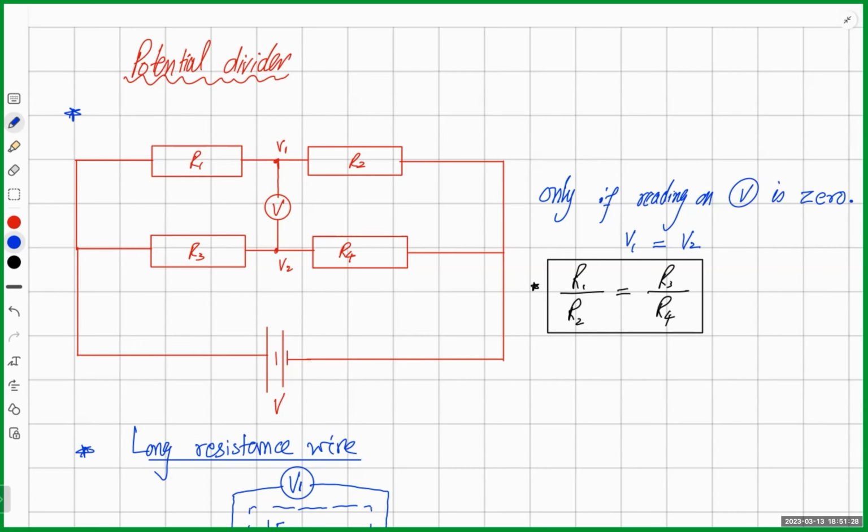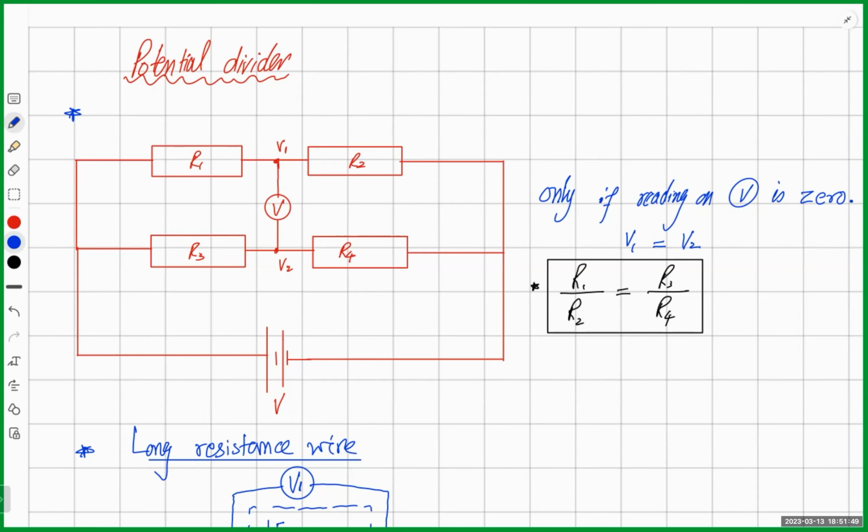But right now, if we have this situation and we have a voltmeter connected between V1 and V2, which are two points on two different parallel loops, one containing R1 and R2, the other R3 and R4.